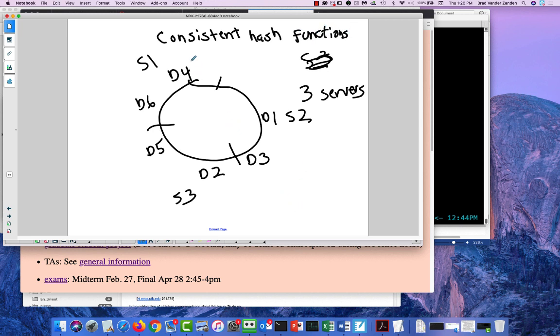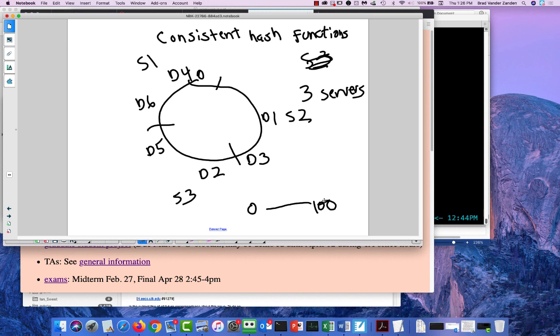You could think of it as starting at 0 and going to 100. Another way you can think of it is just a continuum from 0 to 100, but it wraps around. It really is just generating numbers in a range, but you think of them as wrapping around. And each server handles a certain number of the buckets.